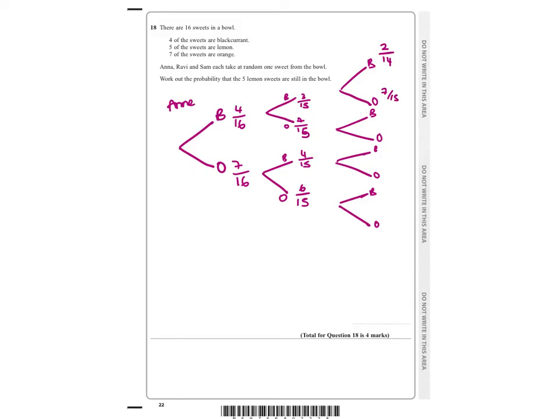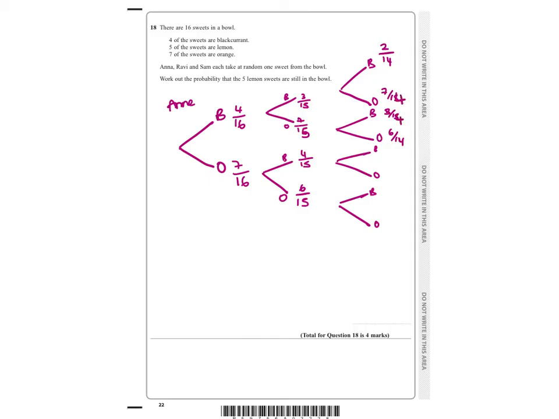If Anna takes a blackcurrant and then Ravi takes an orange and then Sam takes a blackcurrant, there's now 3 out of 15. And then the same, if we take a blackcurrant and then an orange, this is now 6. Oh, sorry, these are all out of 14, everyone.